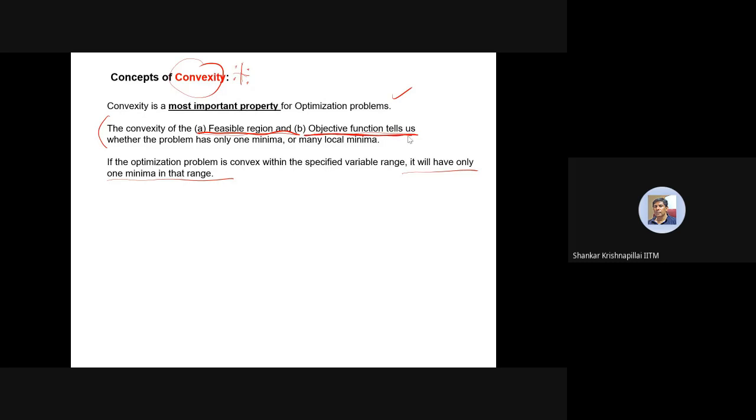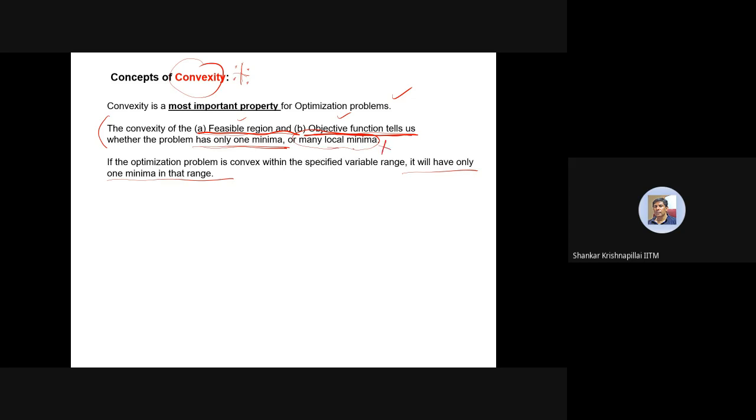If both are convex, that is, the feasible region is convex and the objective function is convex, then the problem can have only one local minimum. Sometimes in rare cases we can get multiple local minima, like in a linear programming problem where two sides are parallel. This we'll study later.